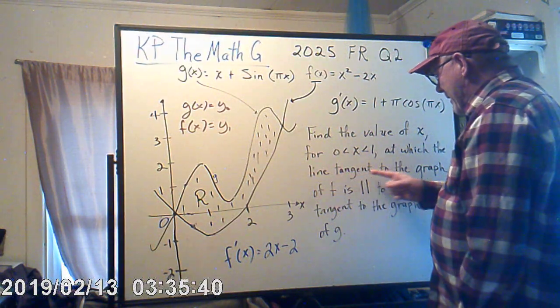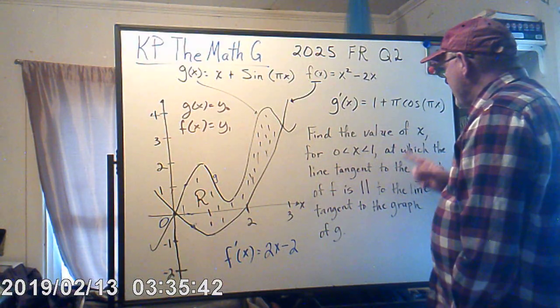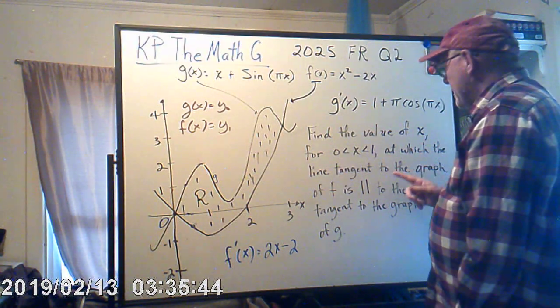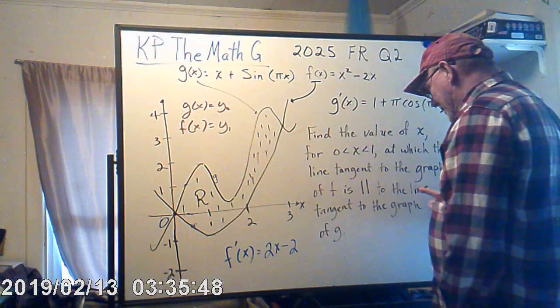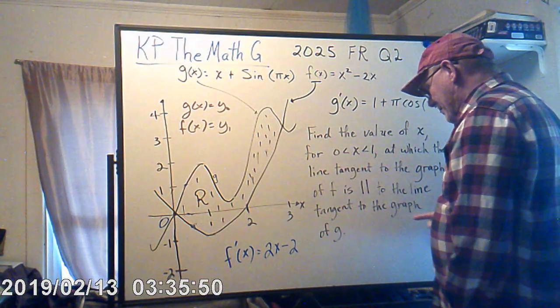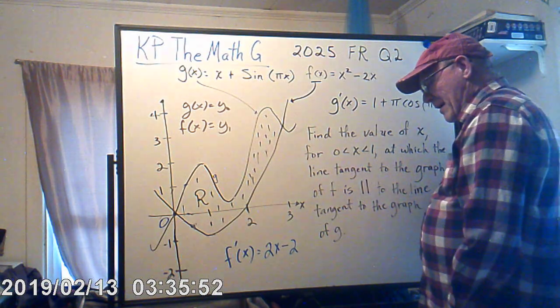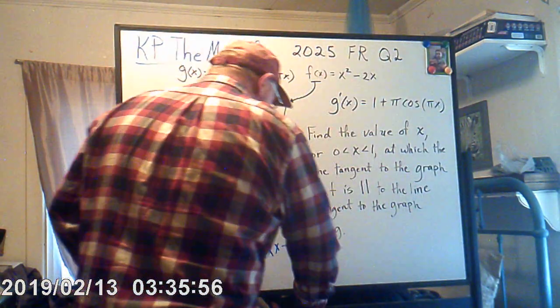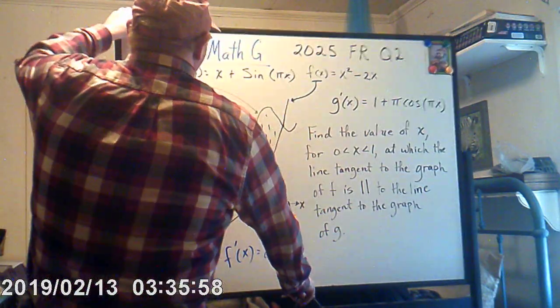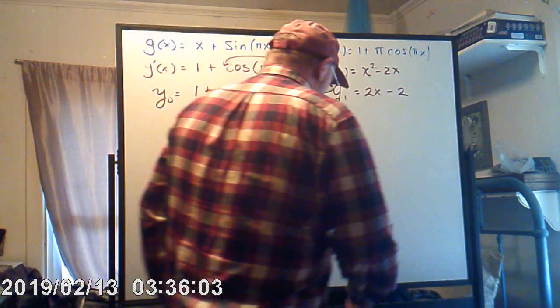The line tangent, alright, the value of x, at which the line tangent to the graph of f is parallel to the line tangent to the graph of g. Alright, and that is true. We're looking at between 0 and 1 now. X between 0 and 1. Oops, excuse me. Right here.